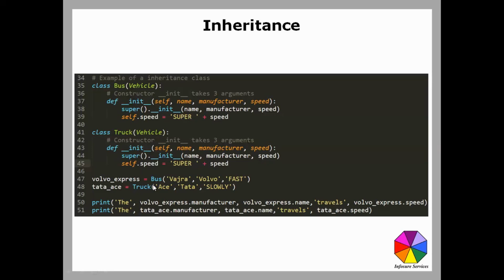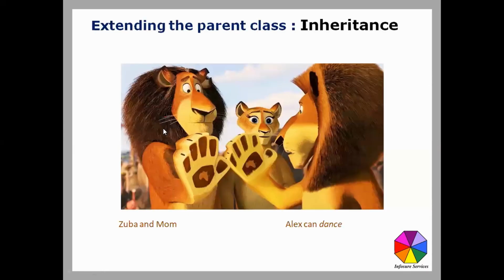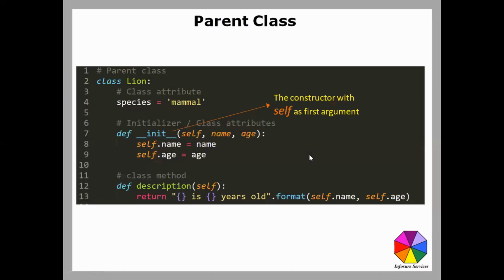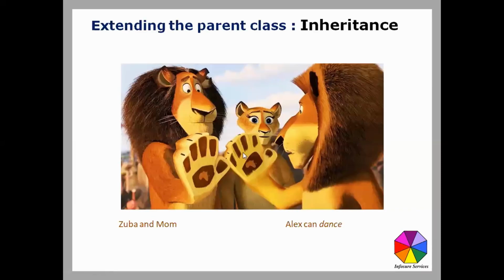Of course, these are objects, so you can read and query and print the values. So this is inheritance, properties. Another example here is the story of the movie Madagascar. He is Alex, a lion in New York, whereas his parents find him in Madagascar.